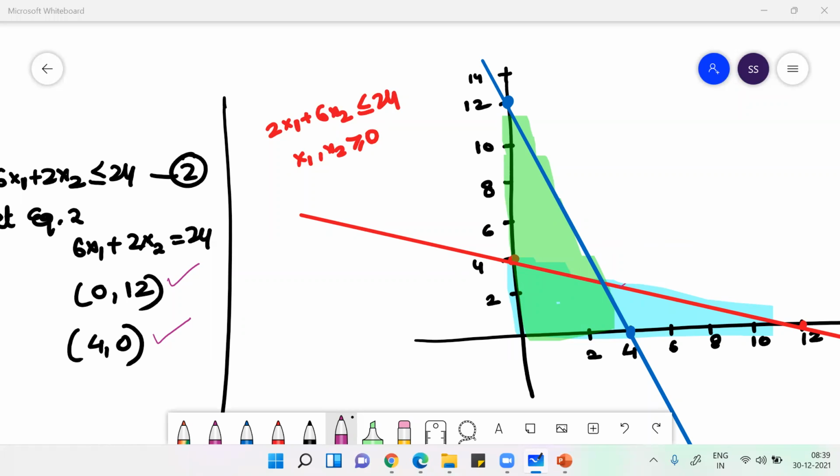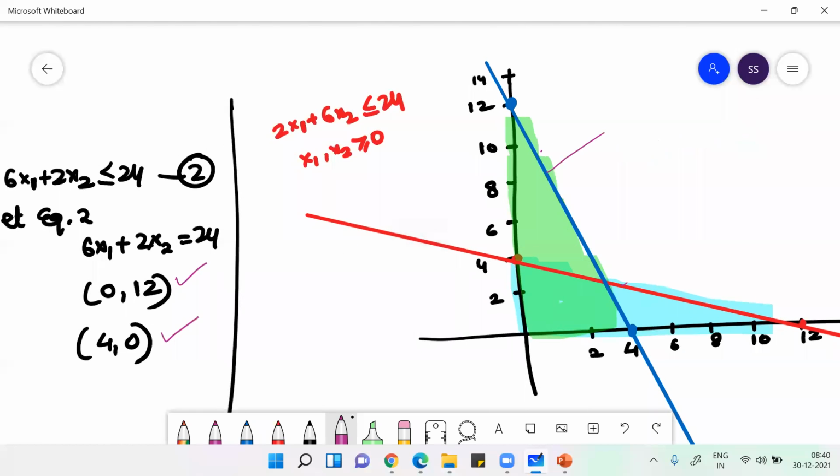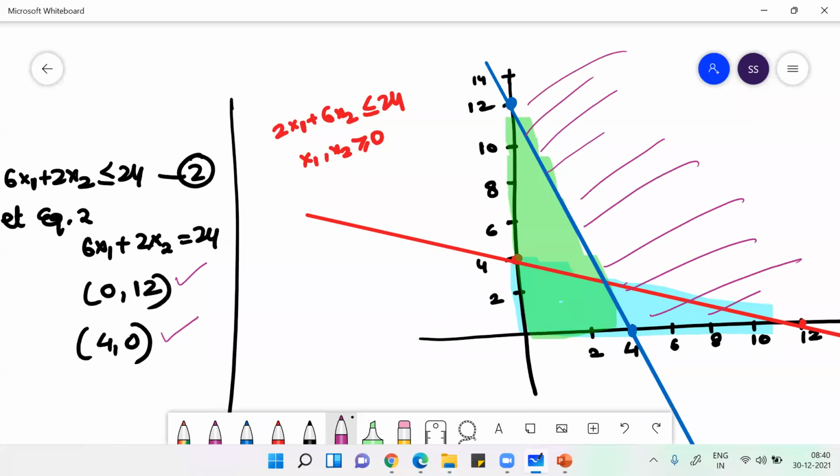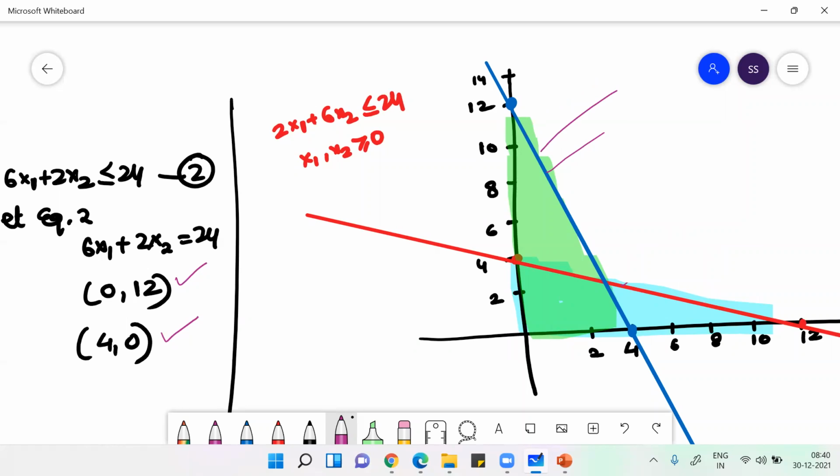If you see the second equation, you want 6x1 plus 2x2 to be less than or equal to 24. Are you getting me? If I had asked you more than or equal to 24, then this would be your region. Are you getting me?